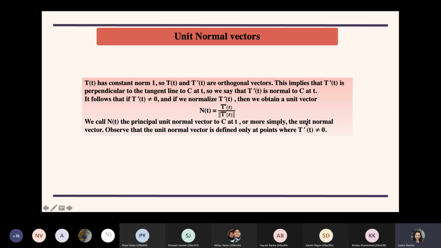And this is defined only for points where the norm of T dash t is not 0. So only for those points on the curve you can define unit normal, otherwise you can just define a normal vector.